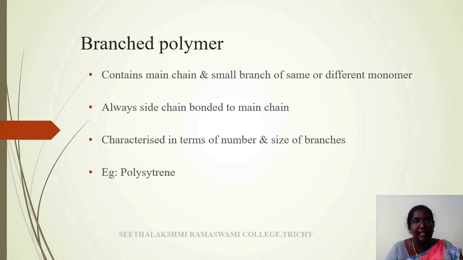It can be characterized in terms of the number and size of the branches. We can characterize the properties of the polymer based on the number of branches attached to the main chain or the size of the branches. For this I gave you polystyrene as an example, the best example of a branched polymer.